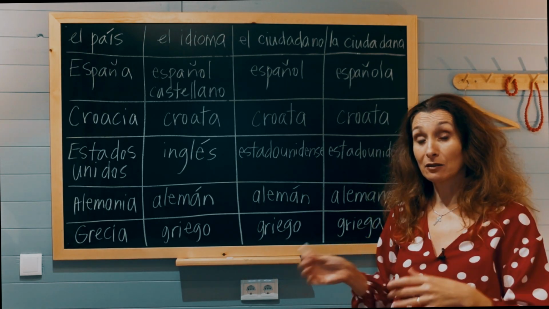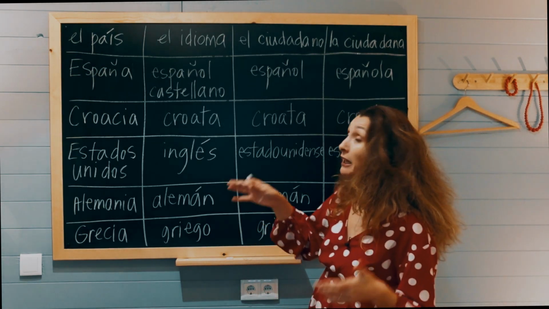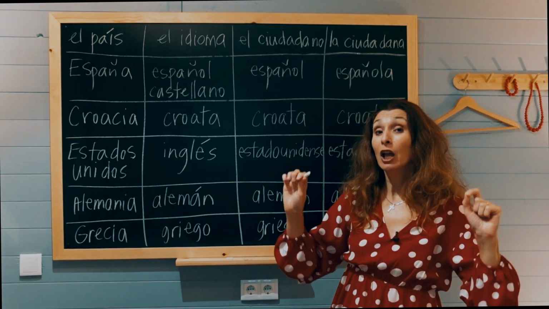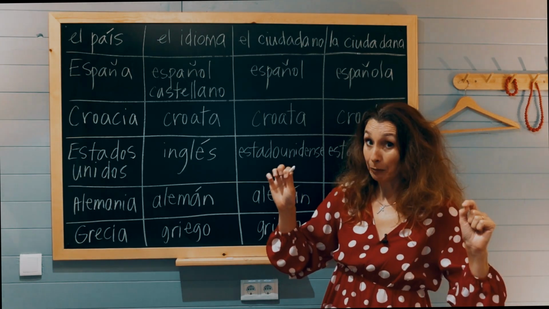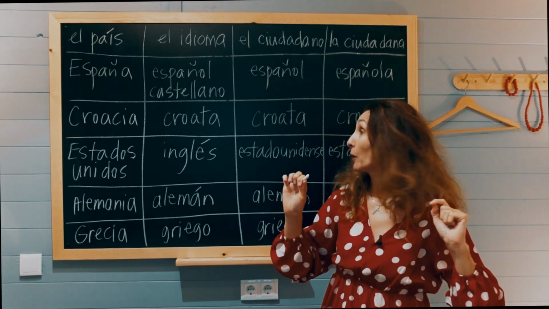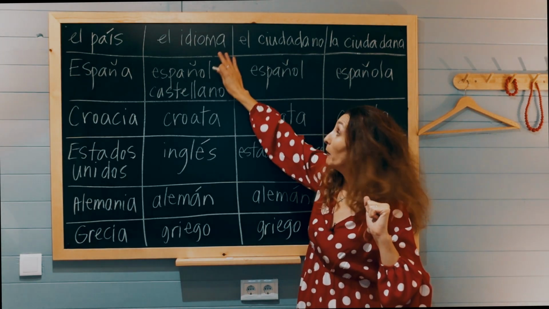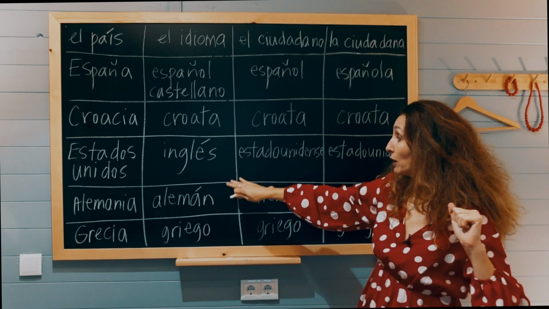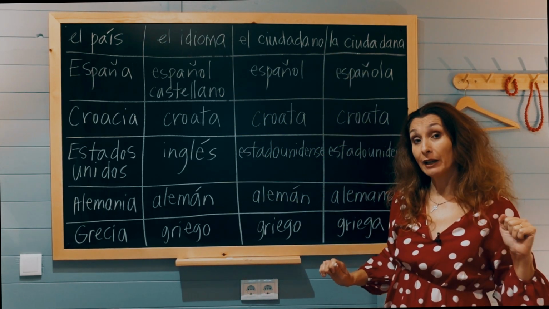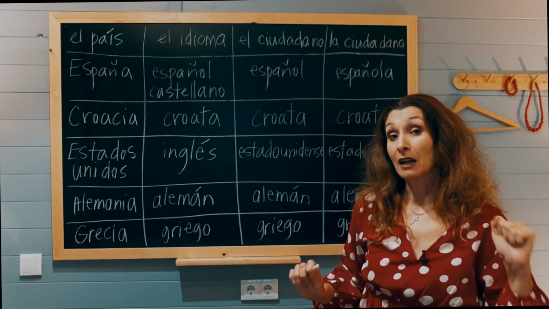Write the name of the country. Keep in mind that a country in Spanish is un país or el país, meaning it's a masculine noun, okay? The language also masculine, el idioma, español, castellano, croata, inglés, etc. And then you will have also another word for the person living in that country.